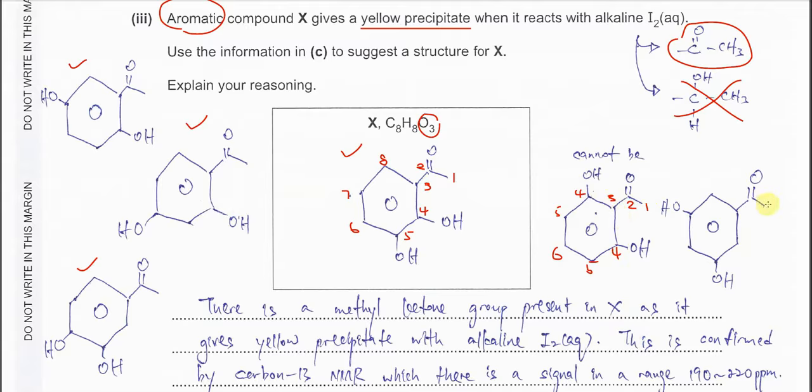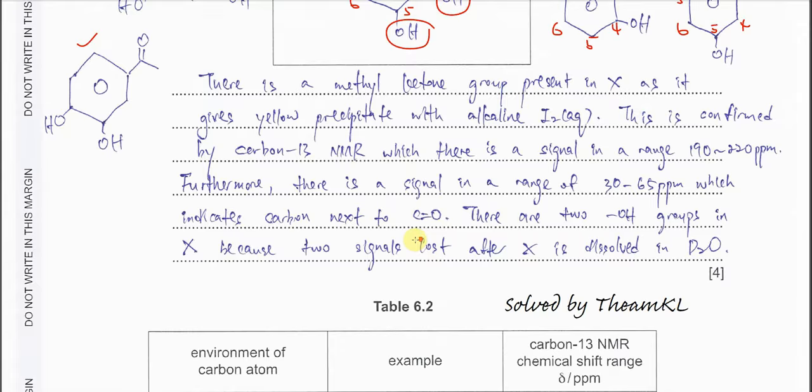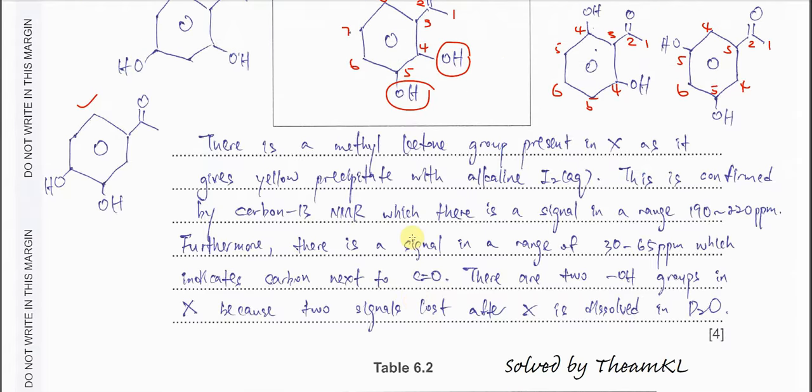This one also 1, 2, 3, 4, 5, 6. So you cannot propose these 2 structures. You can propose any one of these. And make sure the 2 OH groups are bonded to the benzene ring, the phenol. So this is the explanation of why and how.